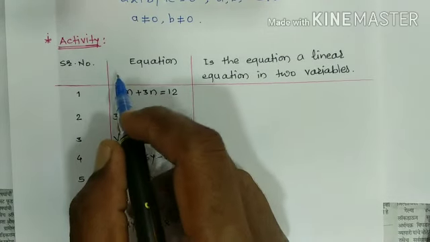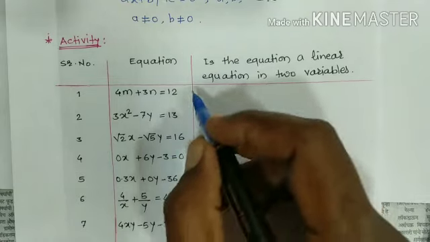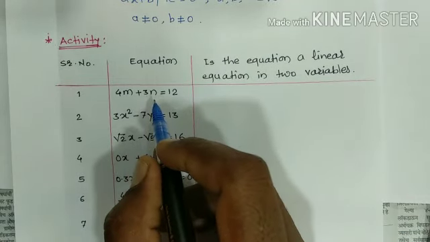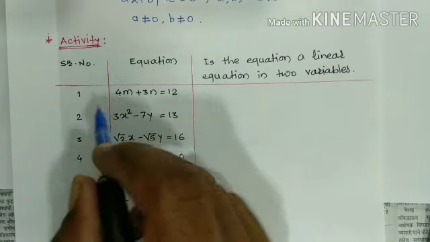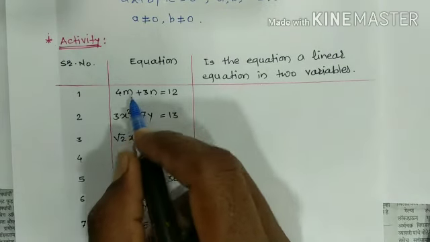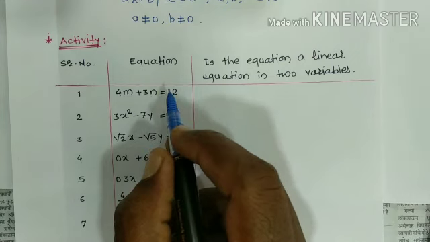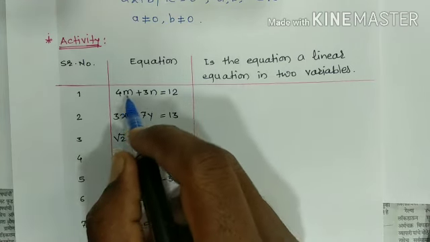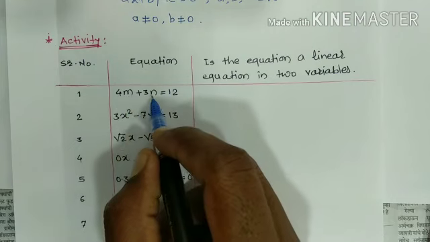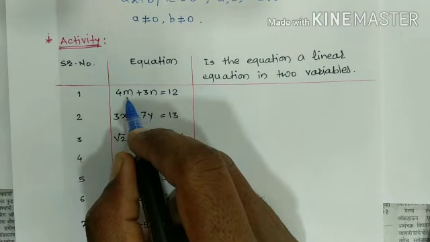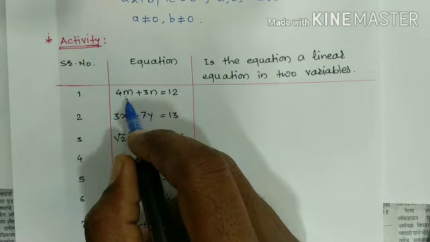Now in this activity we have to identify whether the given equations are linear equations in two variables or not. In example first, the equation given is 4m plus 3n equals 12. Here two variables are used, m and n, and the degree of each term, degree meaning the highest index of the variable.